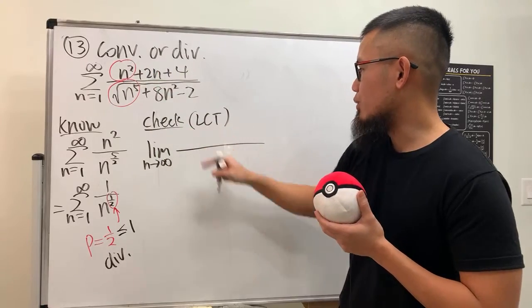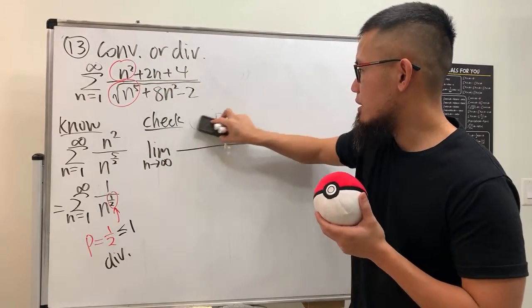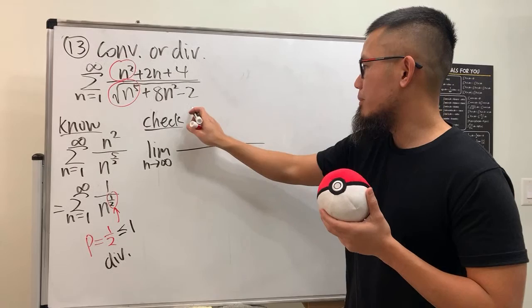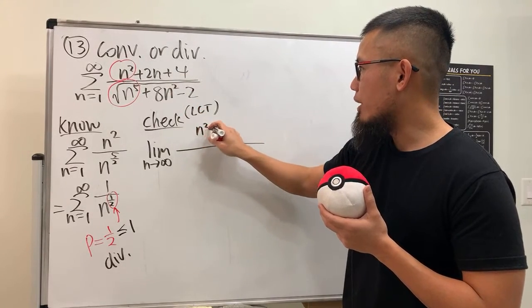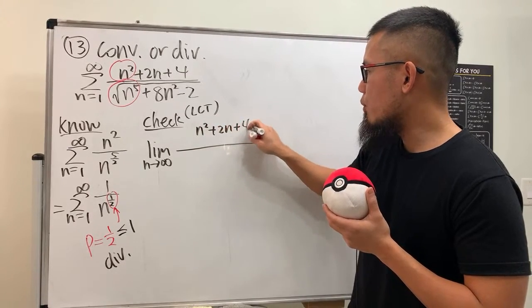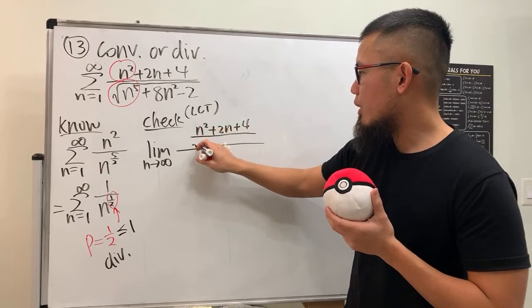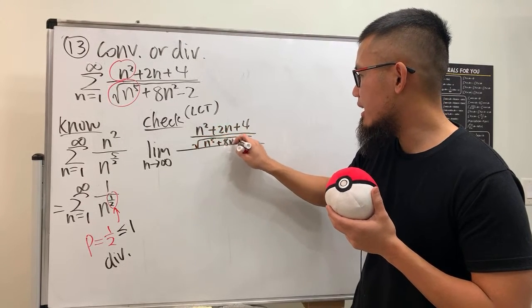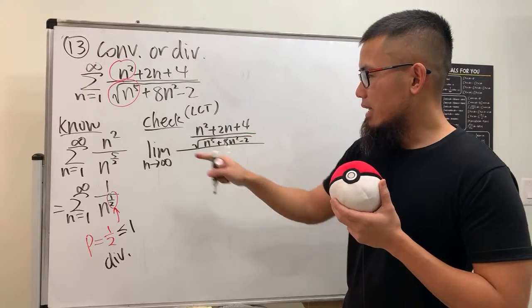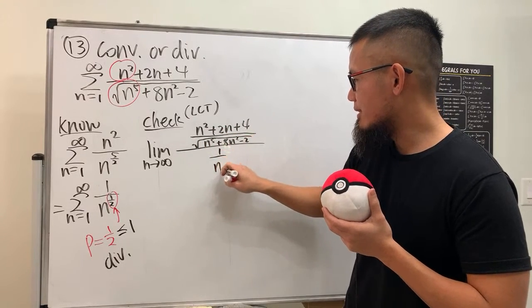I should have given myself more space. Again, I'm using the limit comparison test. Put this on the top, we have n squared plus 2n plus 4 over the square root of n to the 5 plus 8n squared minus 2, and then put down the 1 over n to the 1/2 that we have on the bottom.